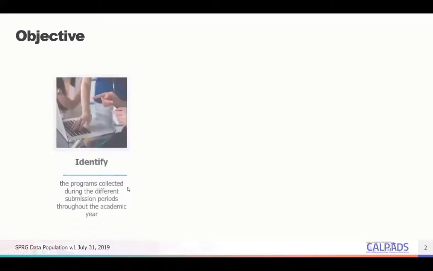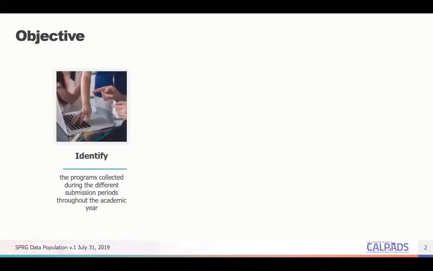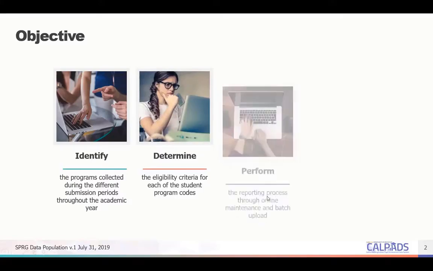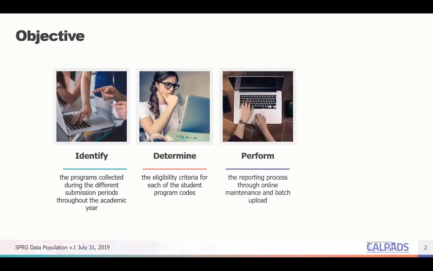At the end of this course, you should be able to identify the programs collected during the different submission periods throughout the academic year. You should also be able to determine the eligibility criteria for each of the student programs that you are reporting. You should also be able to confidently submit the student program records to CalPADS either through online maintenance or batch upload.